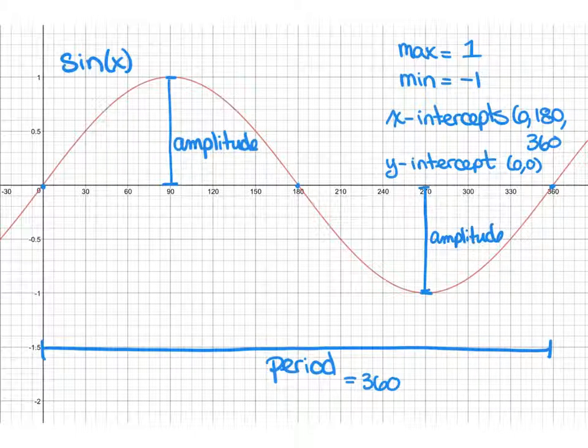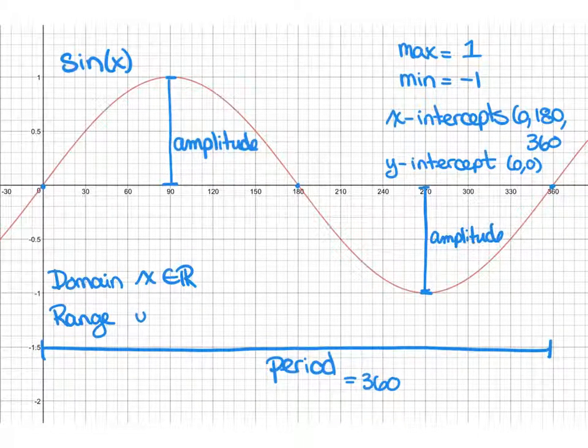The last two things are the domain and range. The domain of this, you can see it can be any x-value. So our domain is x is in the set of real numbers, and it can be any of those. But our range is what's most interesting here. In this case, y is in the set of real numbers, but it's between two different numbers, between -1 and 1.